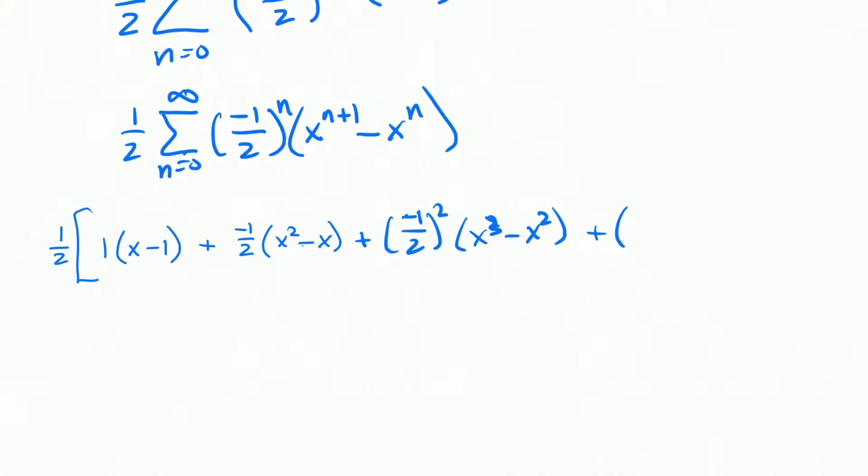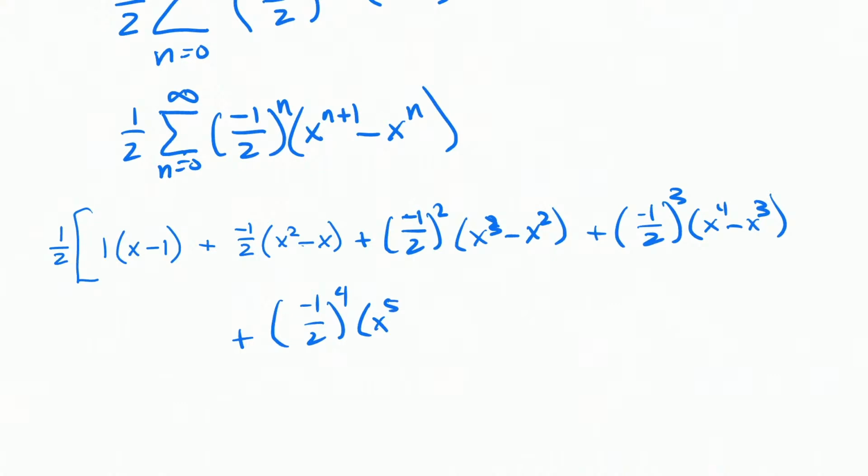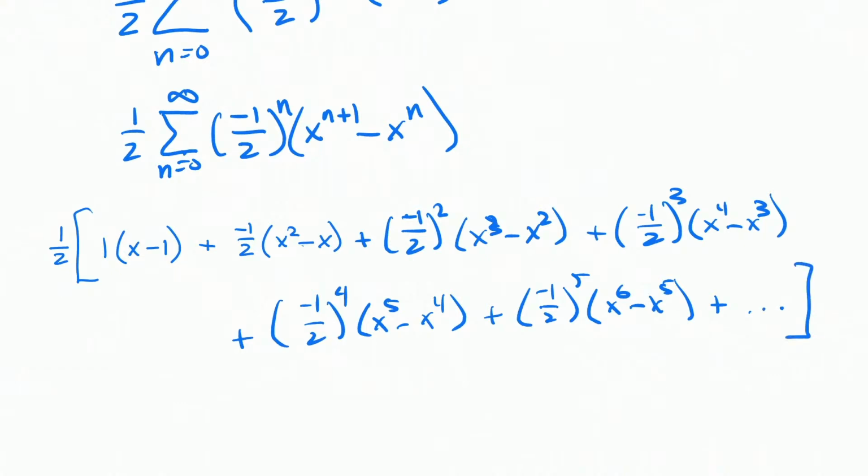And you can probably guess what's about to happen, but I'll write it out. x to the fourth minus x cubed, negative 1/2 to the fourth, x to the fifth minus x to the fourth, negative 1/2 to the fifth, x to the sixth minus x to the fifth. Yeah, I think that's enough, just to see what's happening here. So, like I said, I think we could have probably dealt with this in this form.